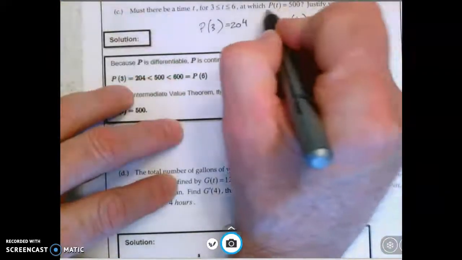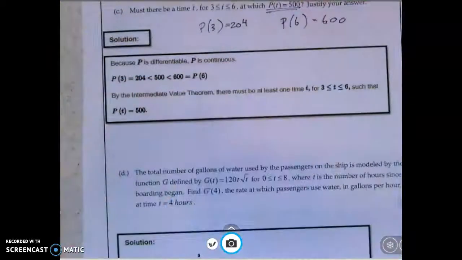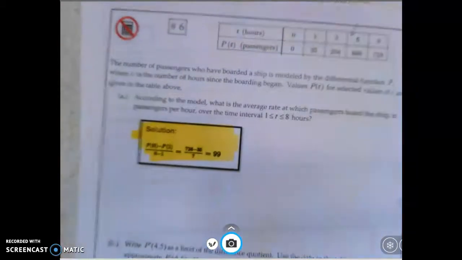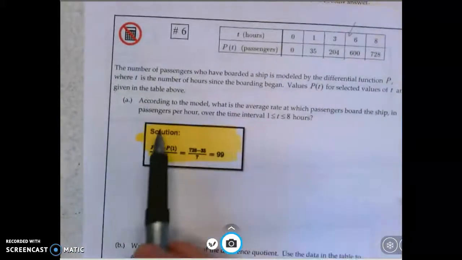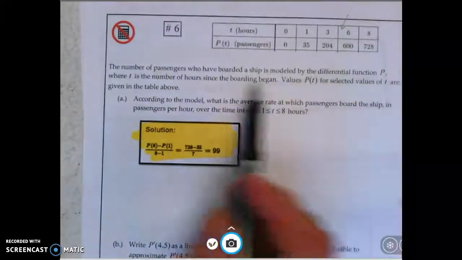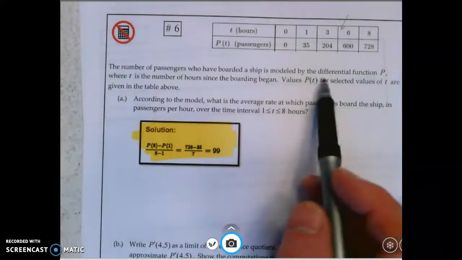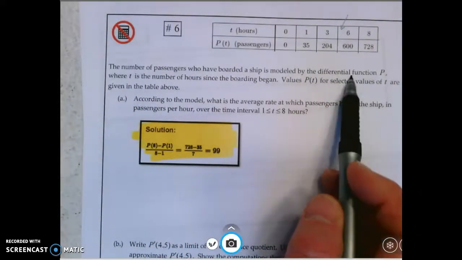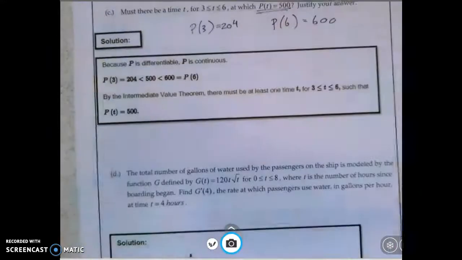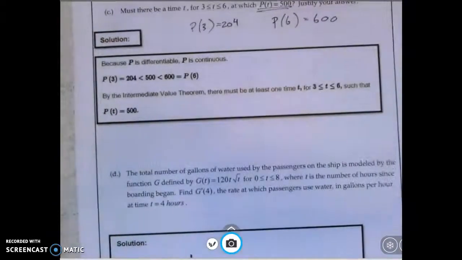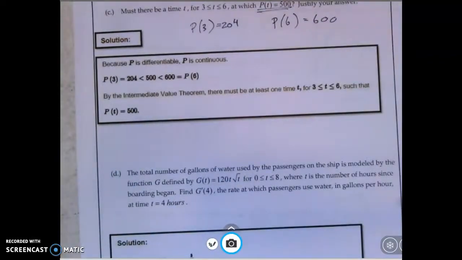And the question is, why does it equal 500? Well, if I'm just looking at that, yes, it equals 500, but that is not a sufficient answer. I need to say that this is a continuous function. But I'm not given that it's a continuous function. I am given that it is a differentiable function. So it's a function where I can take the derivative. If it's differentiable, then it is continuous.